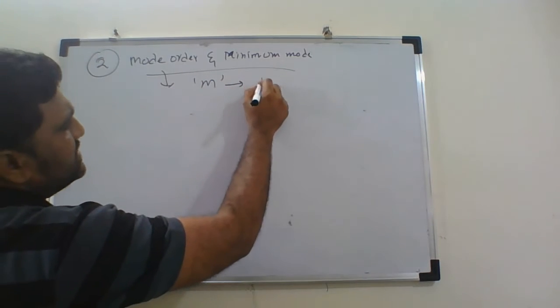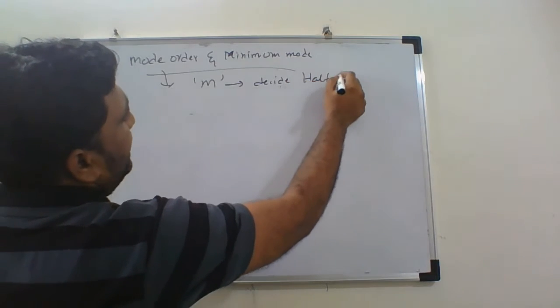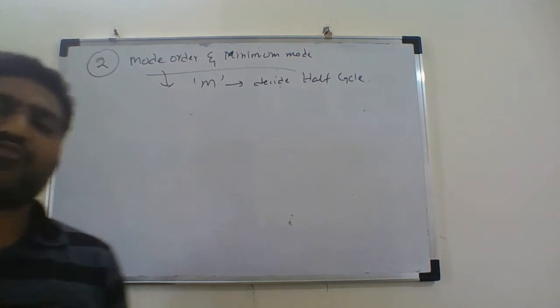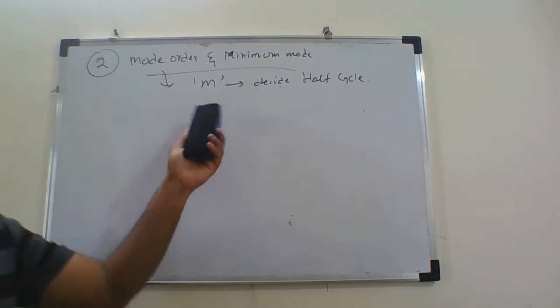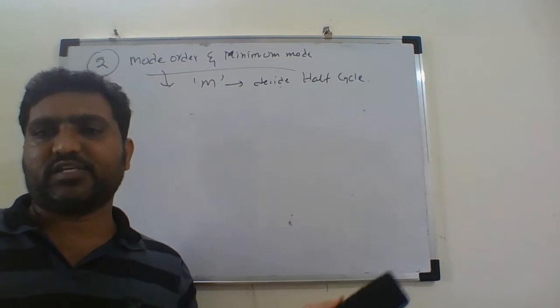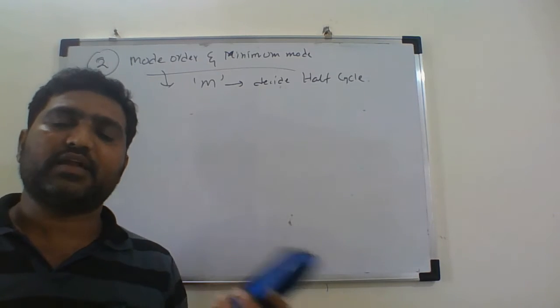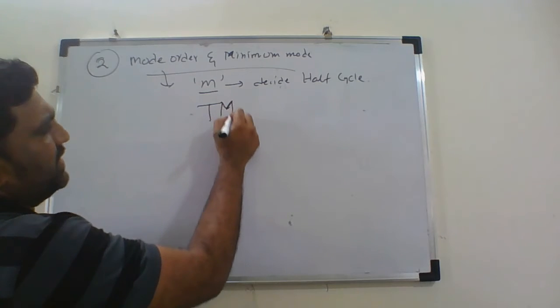This decides how many half cycle variations there are inside the waveguide for a particular field. If m equal to 0, there are no variations. If m equal to 1, there is 1 half cycle variation, and so on. Based on the m value, the particular field patterns will change.